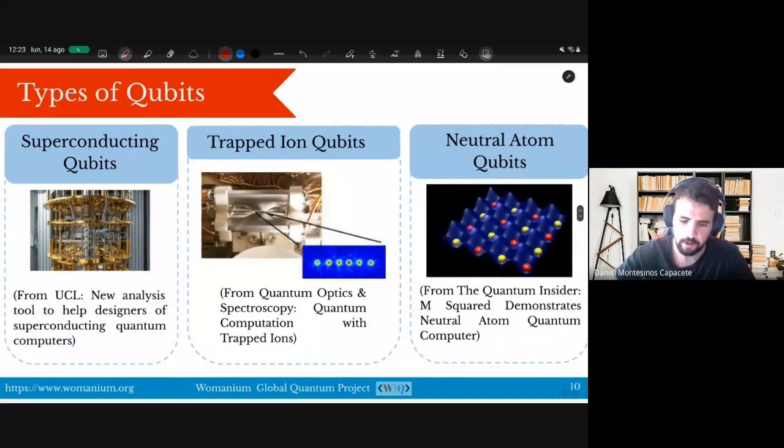So, for example, we have superconducting qubits. The leader in this case is IBM. I mean, they have a really good amount. I believe they said they were going to release a quantum computer which has like 400 qubits or something like that.